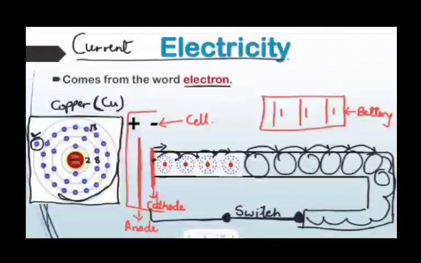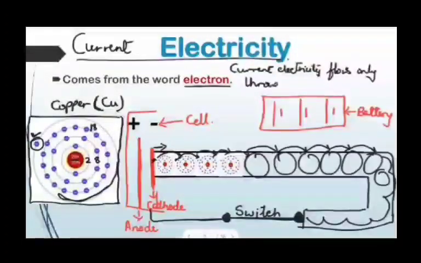So, important point: current electricity flows only through metals.